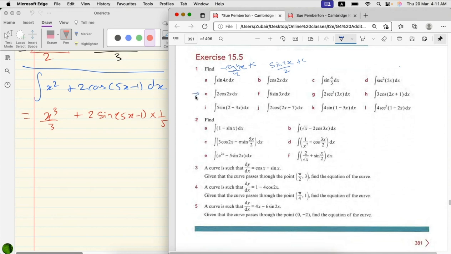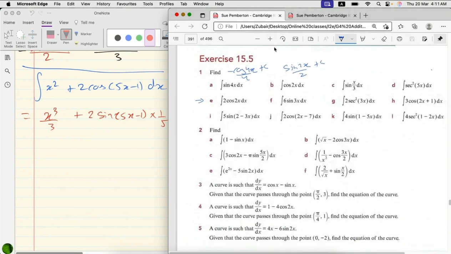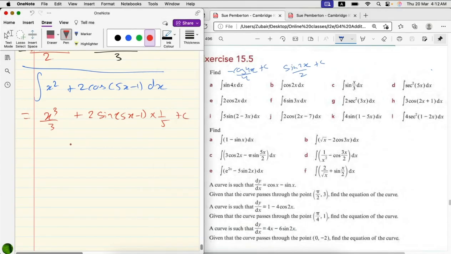Try E part. So it's cos 2x. That's sine, right? So it'd be 2 sine 2x, and then we divide with the differentiation of angle.